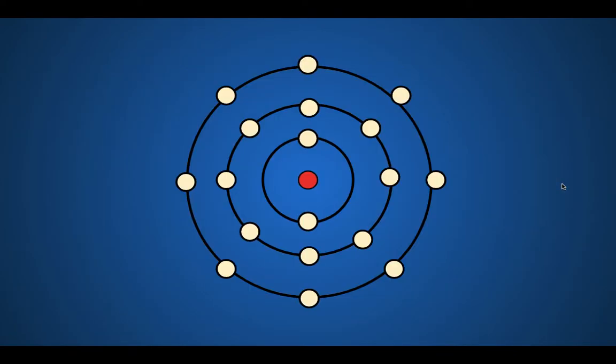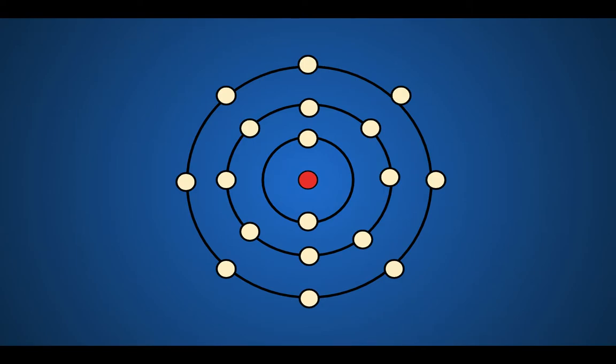Next, I have this diagram. This is showing the different energy levels. At the middle, we have the nucleus. For our purposes, I just left it as one red circle, so that represents the protons, the neutrons, all of that in there, because what we're focusing on is the energy shells or the energy levels.